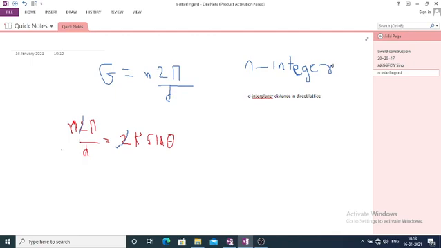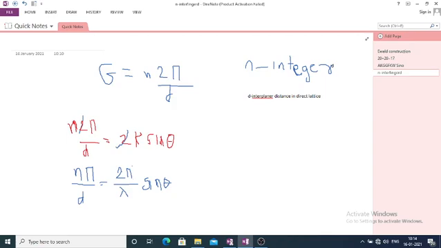Now k is equal to 2 pi upon lambda. So we can write here n pi divided by d is equal to, so k is equal to 2 pi upon lambda, into sin theta.